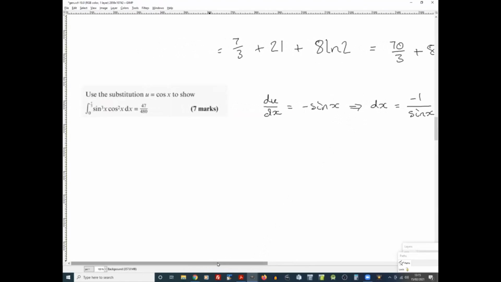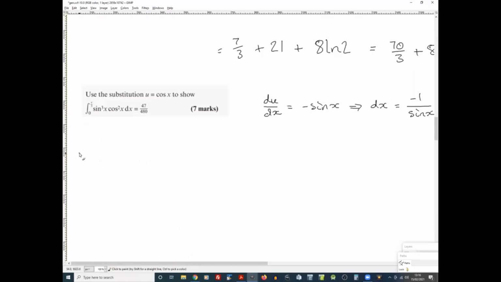And then we could say we've got, put the u's in? Not yet. Would you not put the u's in yet? Well, as far as we can. Then what do we get?